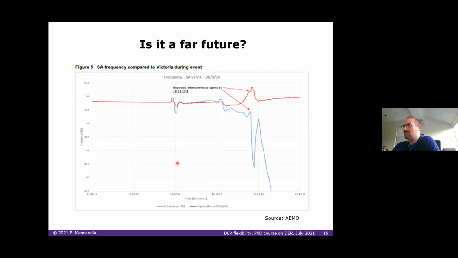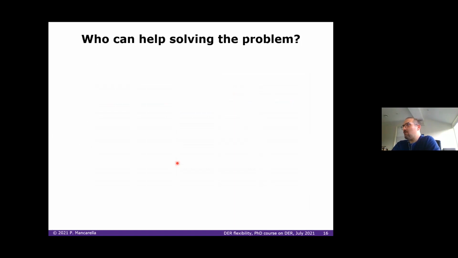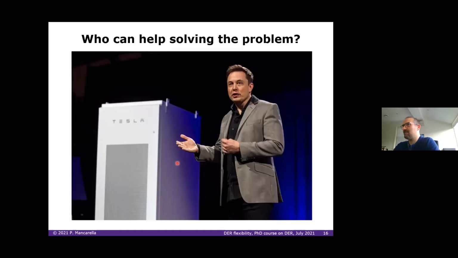It's already the present. So obviously, we need to find a way to solve the problem, or at least try to understand the problem first, and then try to solve it. And of course, when there is a problem, engineers find a solution. You may remember that after the blackout, the first thing that happened was Elon Musk tweeting with the South Australia Premier, saying I can build the largest battery in the world, and this will fix the problem.